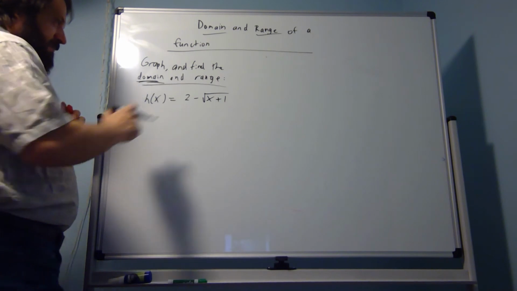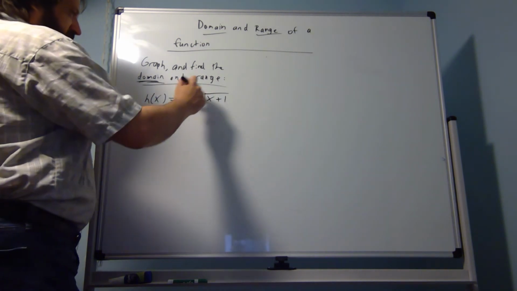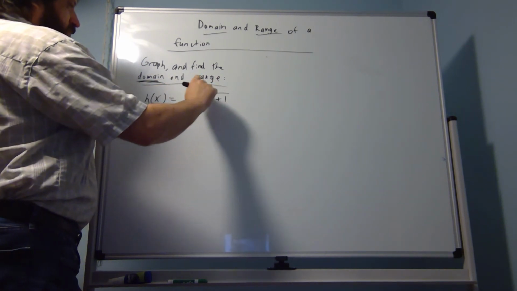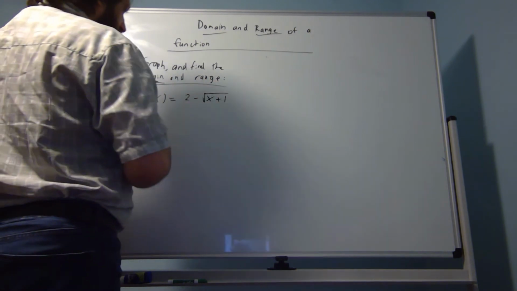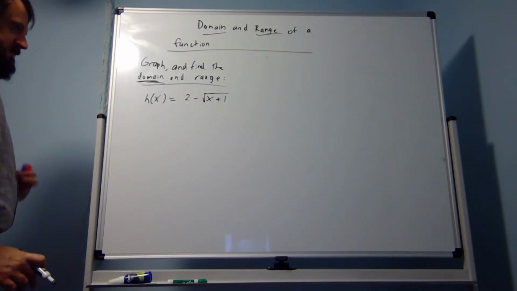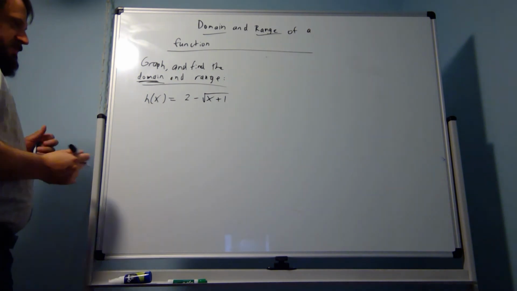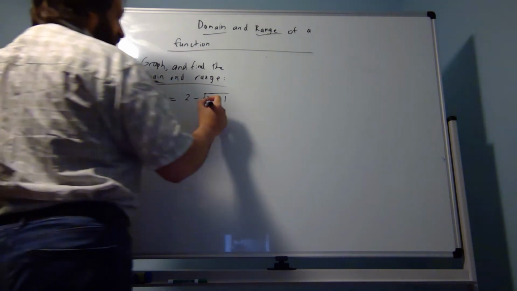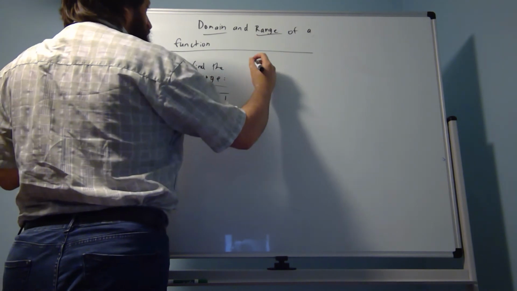So what's happening here? We don't divide by anything. The only function we're bringing into the picture is the square root function, as a part of this larger function h. And we're taking the square root of x plus 1.